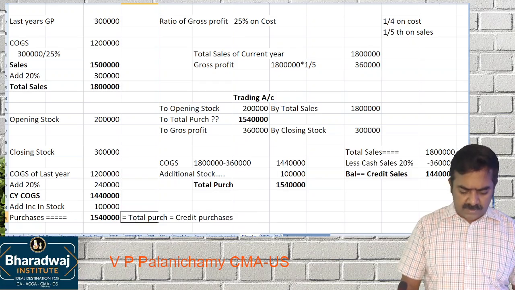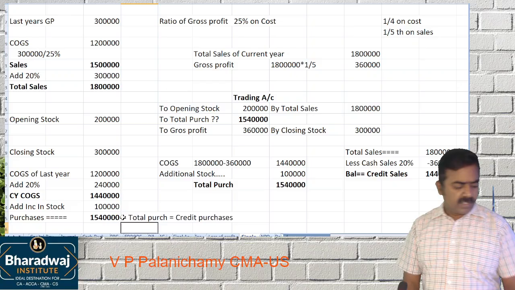So whatever the total purchase is equal to, which purchases? Credit purchases.